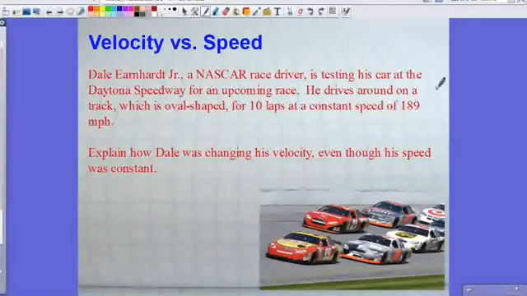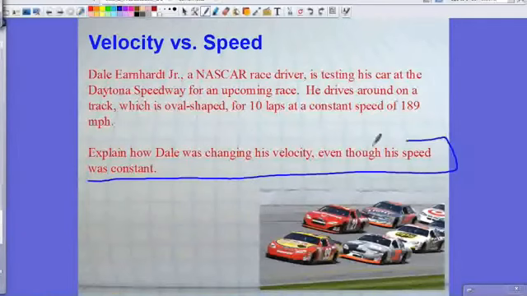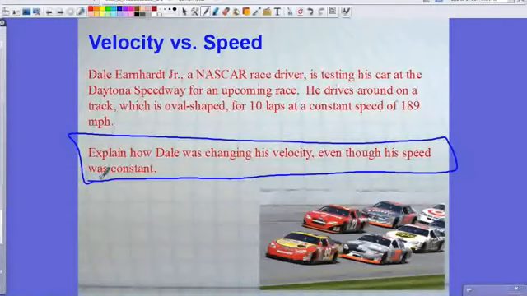The question I have for you is this: how is it that even though his speed is staying the same, 189 miles per hour the whole time, his velocity is changing? Like, how is that possible?